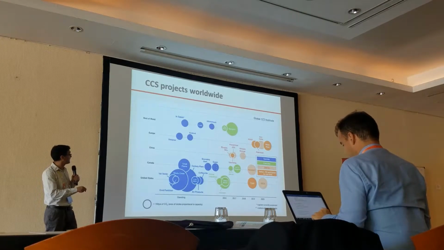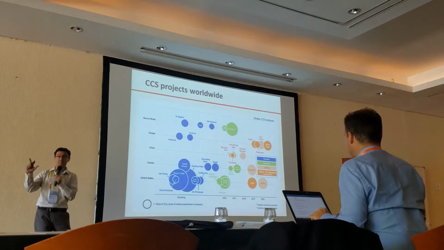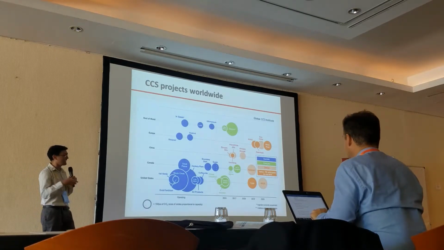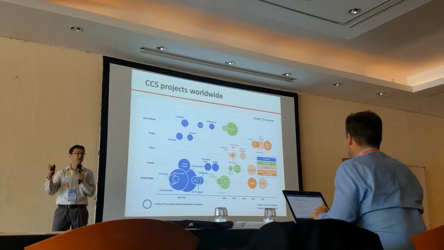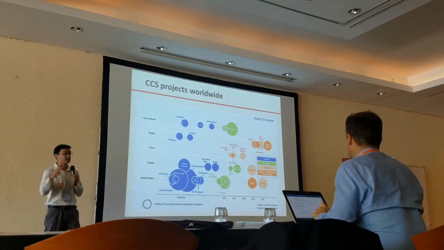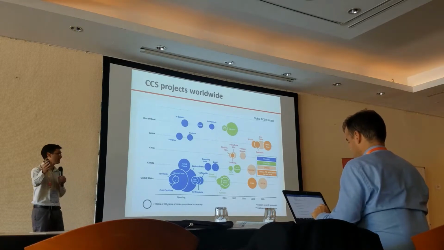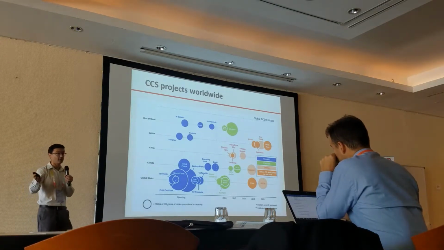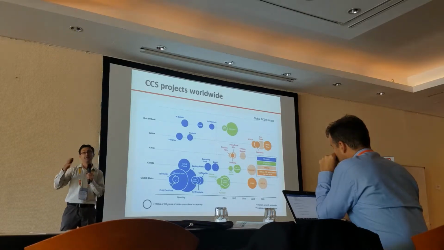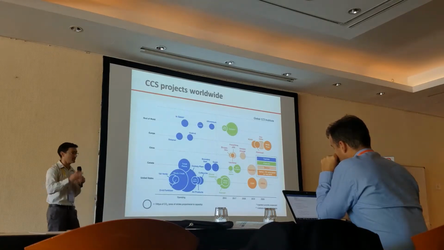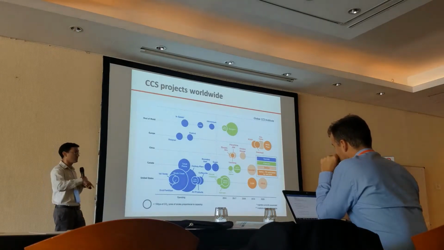The circles correspond to the size of the project. The really big circles are more capture projects, not exactly storage. These are capture projects in Texas where they capture the CO2 and then pipe it to oil fields for enhanced oil recovery. But again, enhanced oil recovery does not necessarily mean you're optimizing storage. It could just be that CO2 is coming out as well, as you inject it.